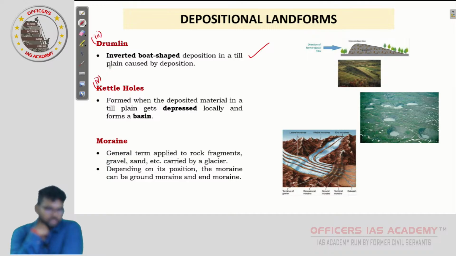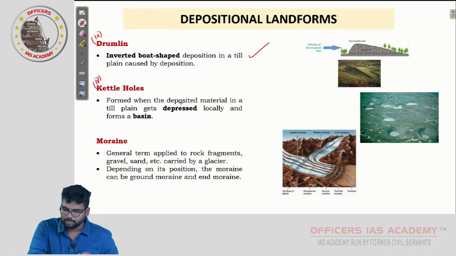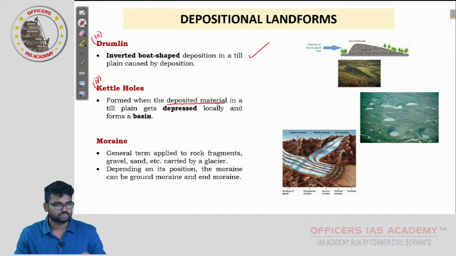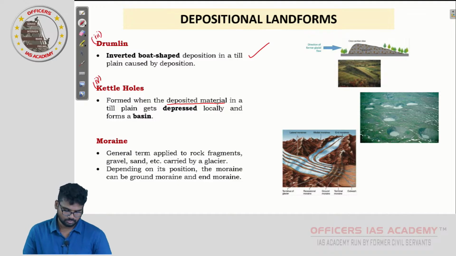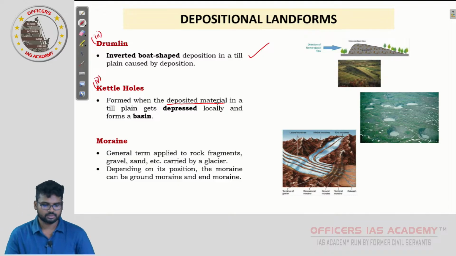Please write, these are formed when the deposited material in a till plain gets depressed locally and forms a basin.